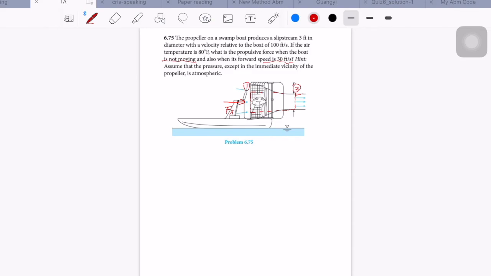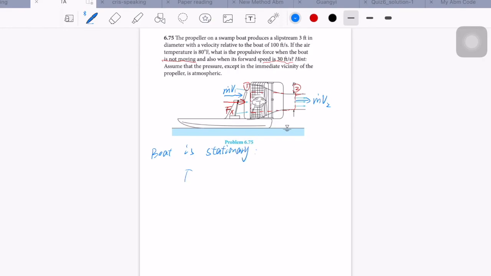And for the momentum diagram, we know there is m dot times v1, and there is m dot times v2. So for the first situation, the boat is stationary.